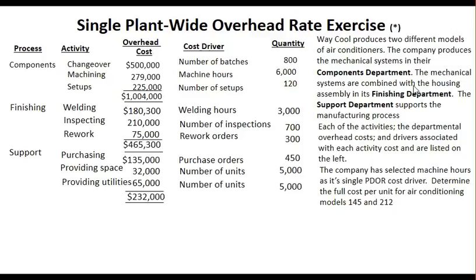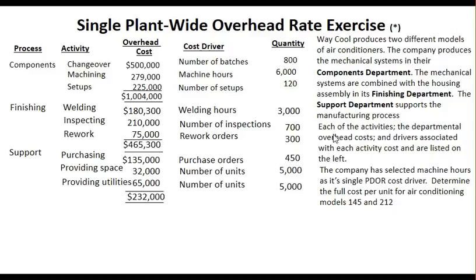The mechanical systems are then combined with the housing assembly in Waycool's finishing department, and the support department supports the manufacturing process. Now what you can see here is the individual departments, and I call them processes. Here you have components, finishing, and support.